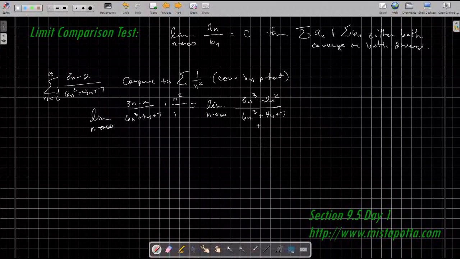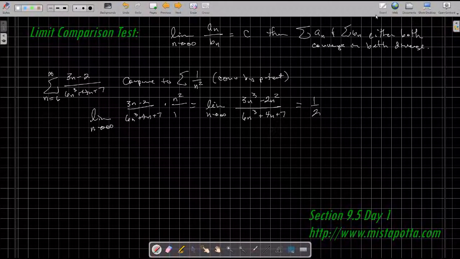And I can either use L'Hopital's rule or dominant numerator and denominator, top heavy, bottom heavy. I could divide through by n cubed. But what I notice is that this limit ends up being equal to 1/2.